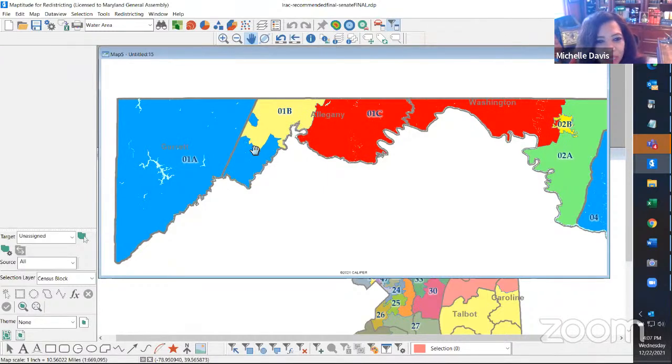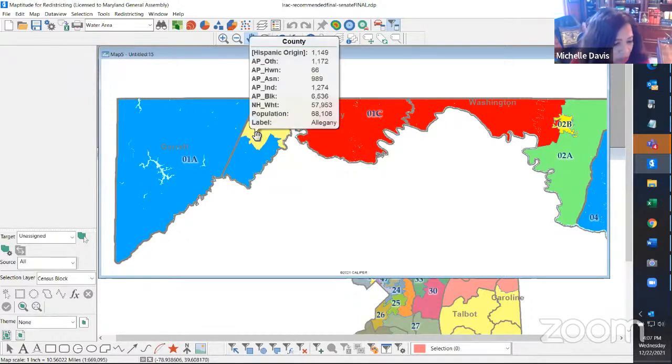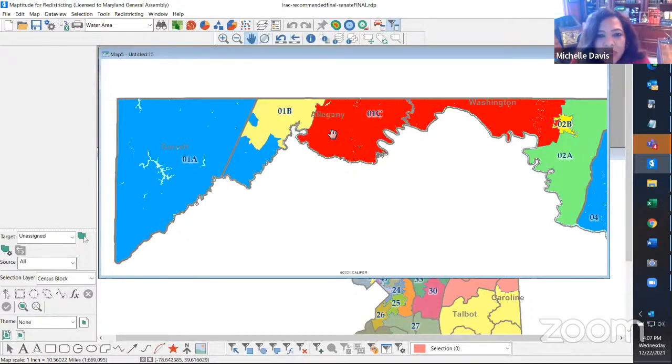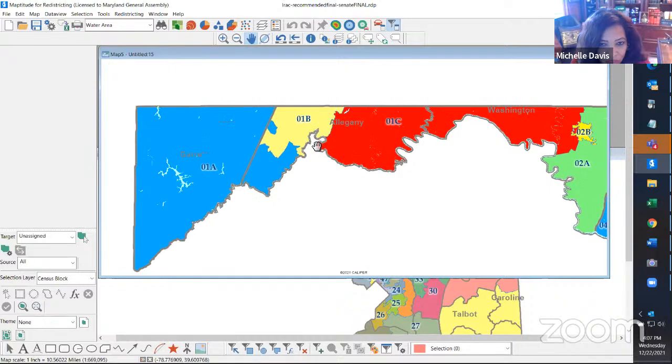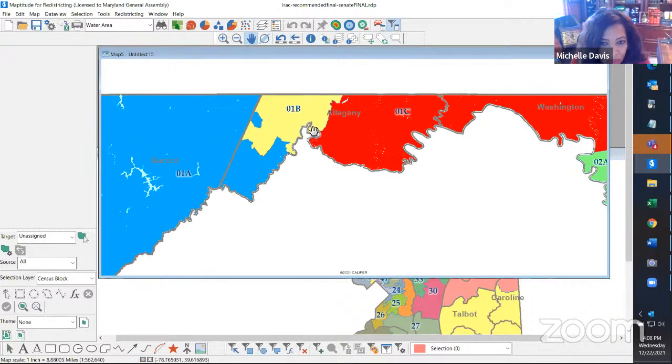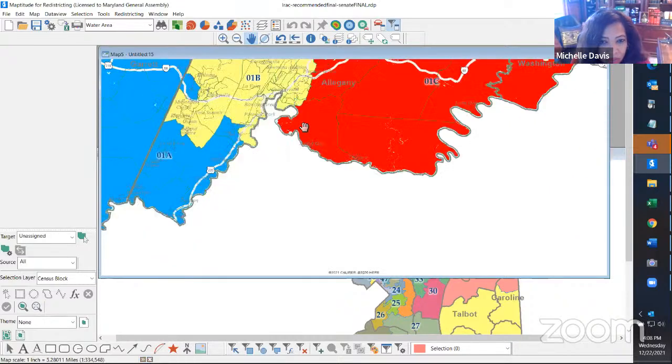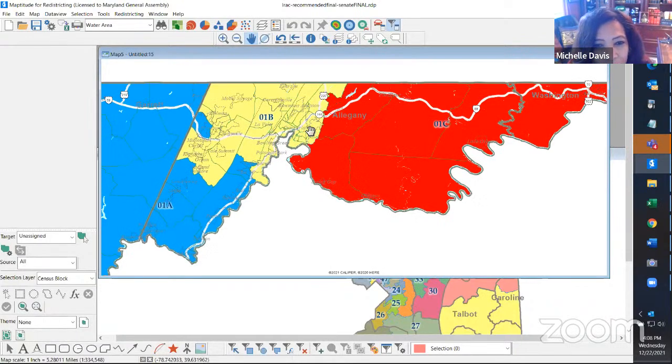So in Senate District 1 here in Western Maryland, obviously this district had to move further west, and it has pushed out further west. One of the things that have changed is in District 1B, which now includes all of Cumberland. I think you can see that here.